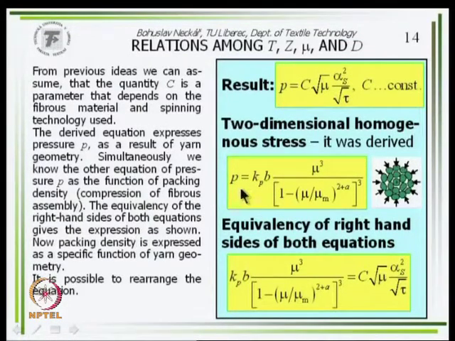So we know the pressure as a function, some parameter times this ratio based on the packing density mu. We have two equations of pressure. One equation comes from yarn geometry. The second comes from a physical model, some generalization of the earlier one. Evidently, these two right-hand sides must be equal. Therefore, based on the equivalence of right-hand sides, we can write this equation.